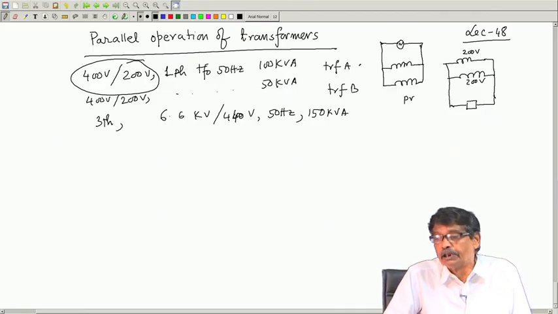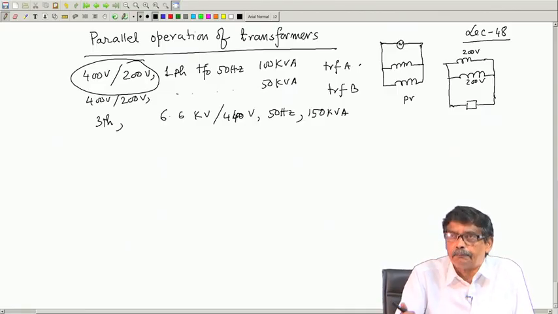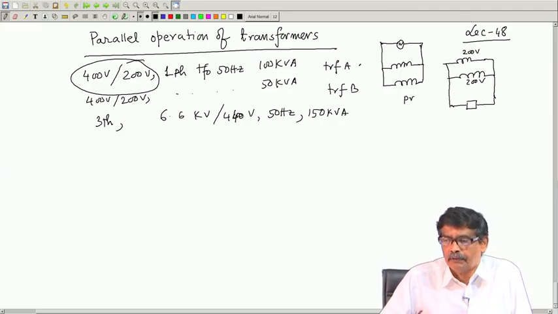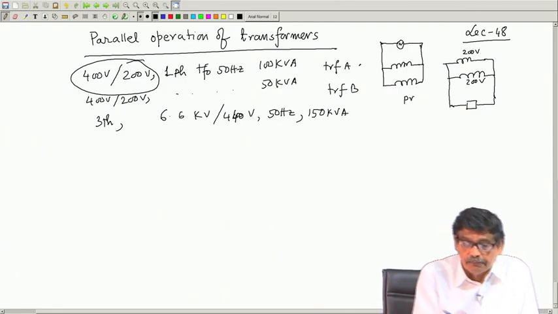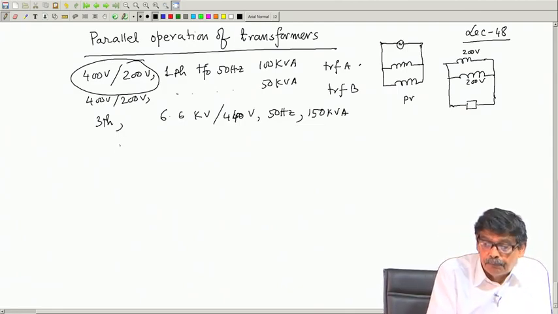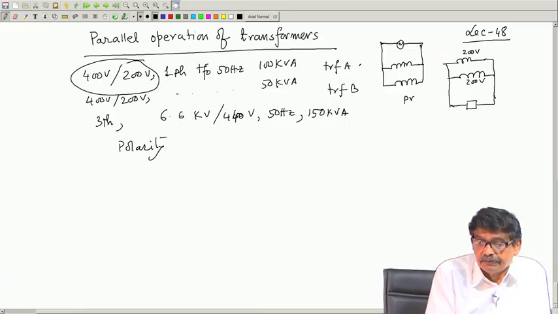Then the third important point is a rather practical problem. After you have got these two transformers which you want to operate in parallel, you must ensure, and that is very important, a polarity test.